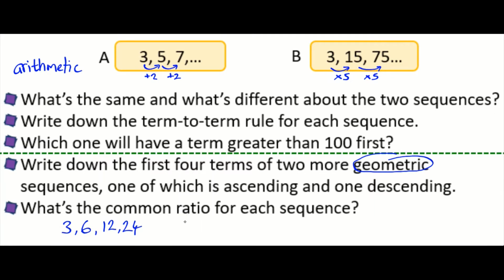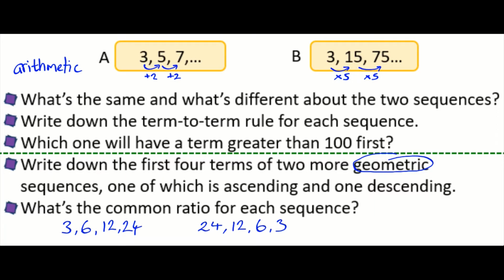A decreasing one, where we start with a value and we're going to keep multiplying by a fraction to make the terms get smaller. So, for example, we could have 24 and then times it by a half, that would give us 12, times it by a half, that would give us 6, times it by a half, that would give us 3.